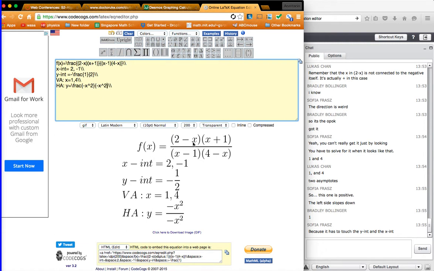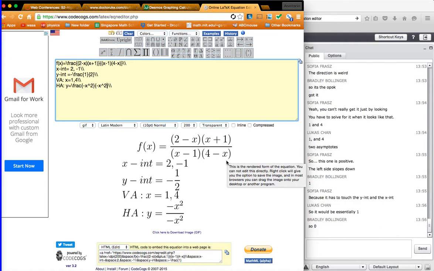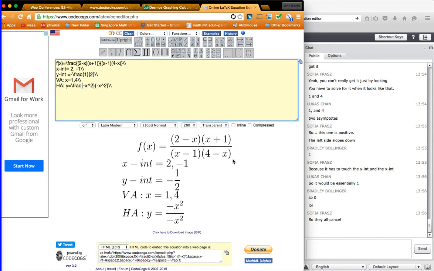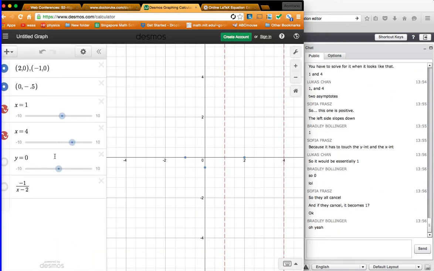If I were to FOIL this out, the -x times the x would be -x², and then this x times this -x gives me negative x squared. If it's too freaky for you, then FOIL the top and FOIL the bottom, and you'll find that the leading coefficient is negative x squared for both of them. Negative x squared divided by negative x squared is not 0, it becomes 1. So my horizontal asymptote is at 1. That's interesting.